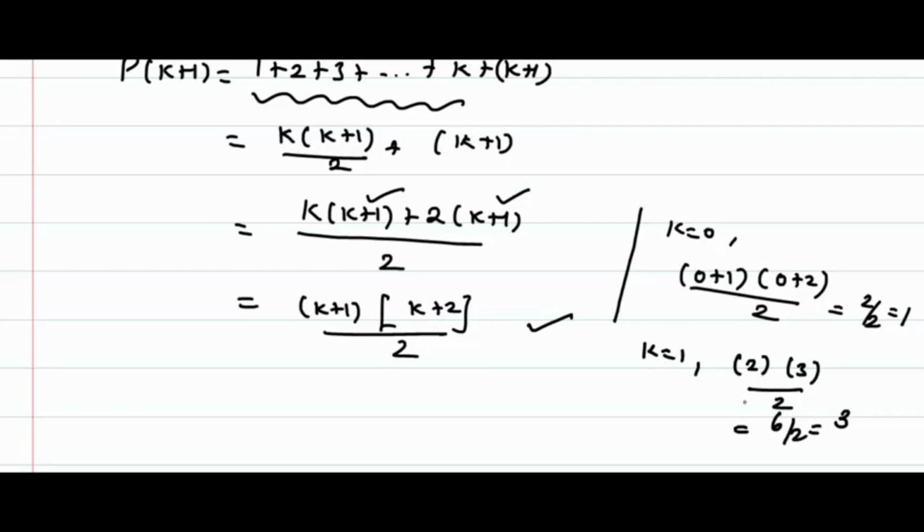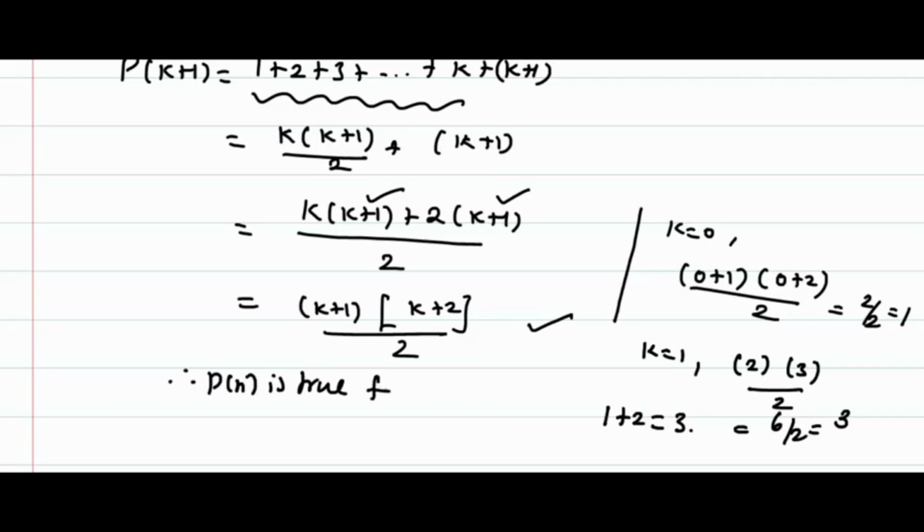Consider the first two terms of the given series: 1 plus 2 is equal to 3. Therefore this expression is true. So if we substitute k equal to any natural number, we get the given expansion.